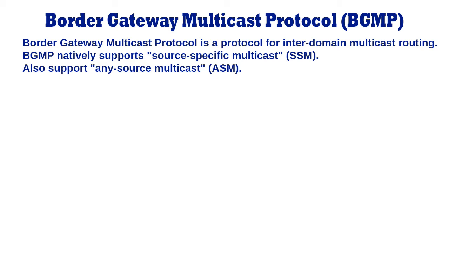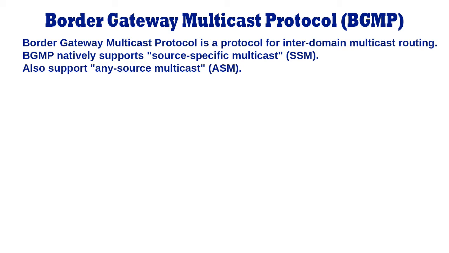BGMP natively supports source-specific multicast, that is SSM. To also support any source multicast, that is ASM, BGMP builds shared trees for active multicast groups and allows domains to build source-specific interdomain distribution branches where needed.